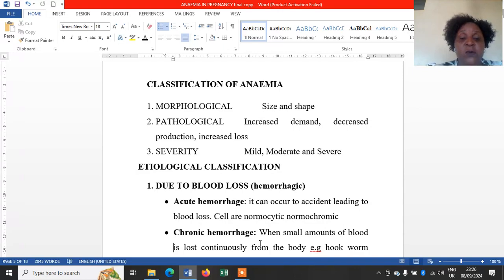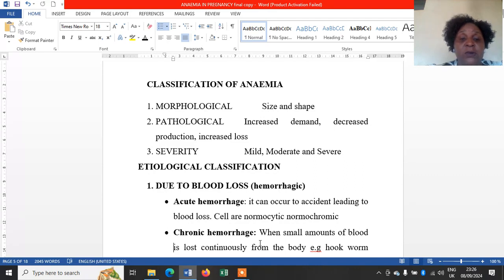Any cause of anemia which is pathological is increased demand, where, for example, this mother is pregnant with twins; decreased production, that is when we have a problem with the bone marrow; or increased loss, for example, in cases of hemorrhage, when the mother has bled.